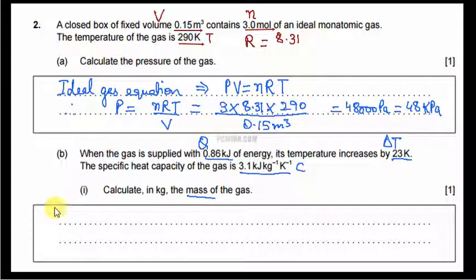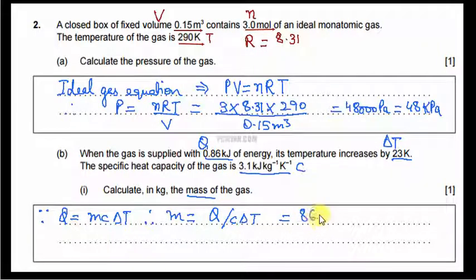Now we will use the equation Q is equal to mc times delta T, therefore m would be equal to, rearranging the terms, Q upon C delta T. Now just plug in the values of Q. It's 0.86 kilojoules, so we want the answer in SI units, so you will write this as 860 joules upon C, that is also 3.1 kilojoules.